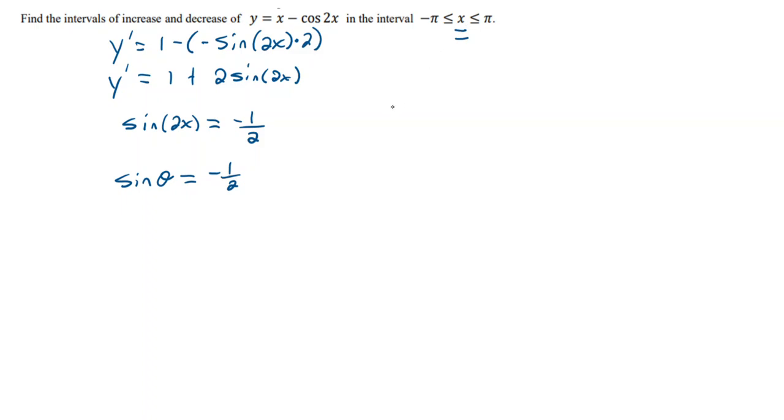So if this is our interval, negative pi to pi, then if I change this to 2x, what this has to be is negative 2 pi to 2 pi. Okay, so that's the interval I'm going to be looking on when I'm deciding where this is the case.